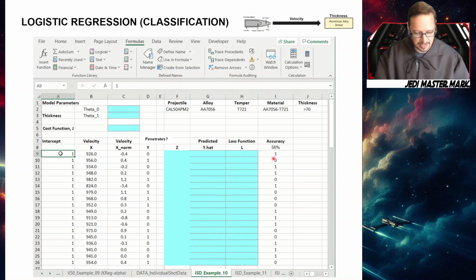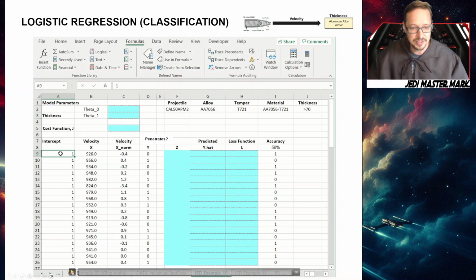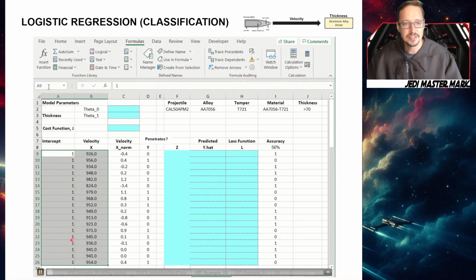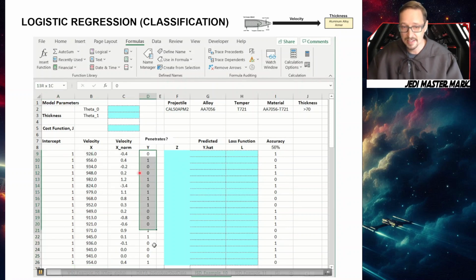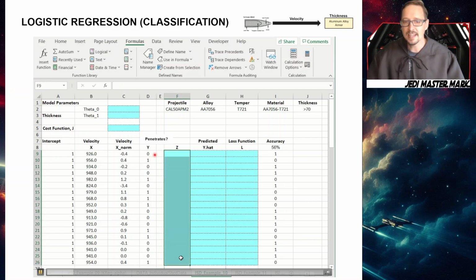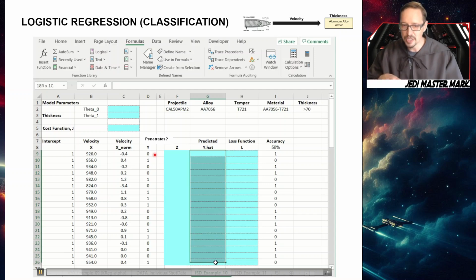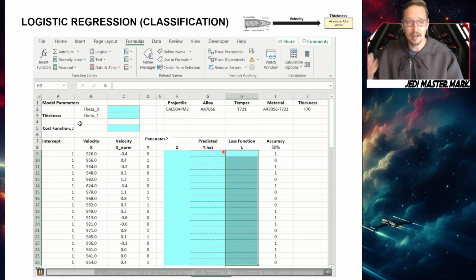Okay, let's go ahead and Control L. I'm going to start the video and narrate while it plays. So here we're going to actually name the different variables. So we'll name that x. We're going to go over here and name the output y. Z is like an intermediate variable. So Z is going to contain the linear regression portion of our model. Here's y hat, so again, the predictions of the model. The loss function is going to be L.